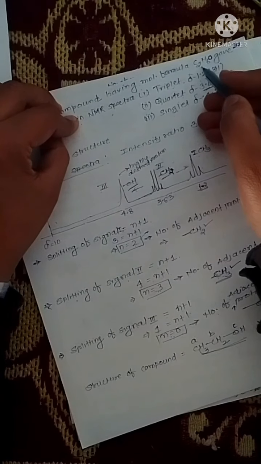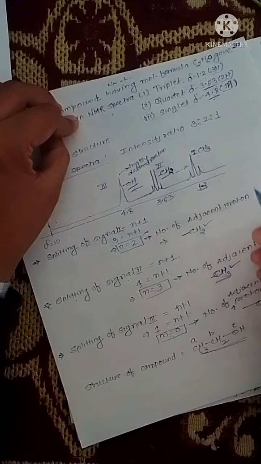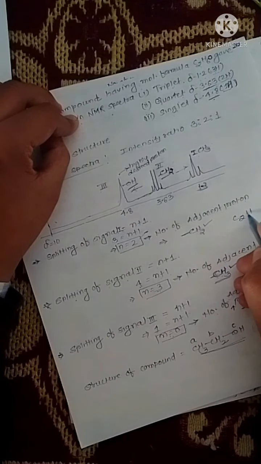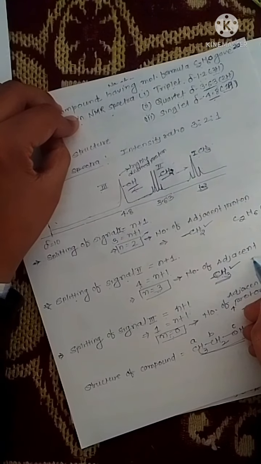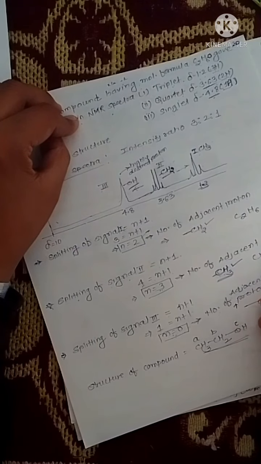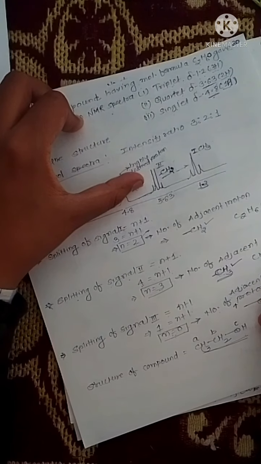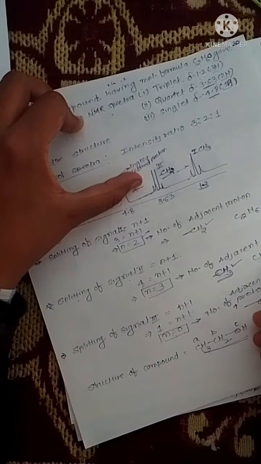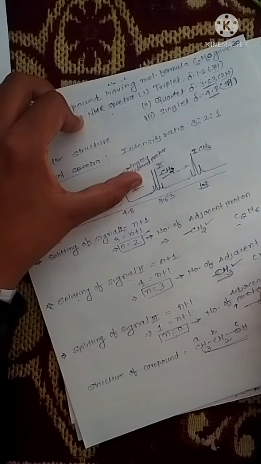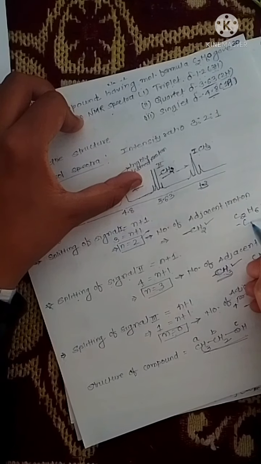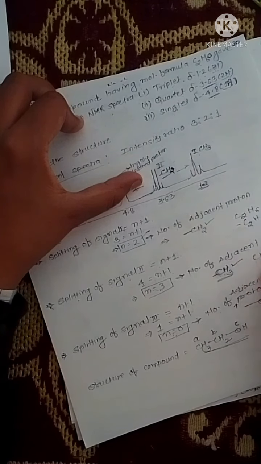And the molecular formula given is C2H6O. We already used 1 CH3 and we already took 1 CH2. So we subtract this information from the formula, that is, you already used C2H5 and you remain with OH only.